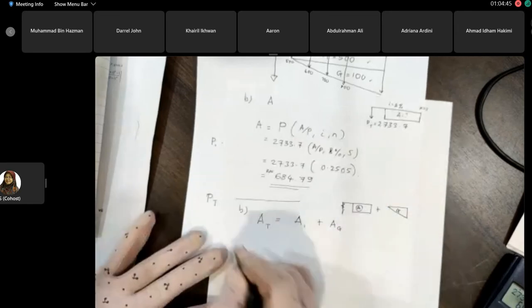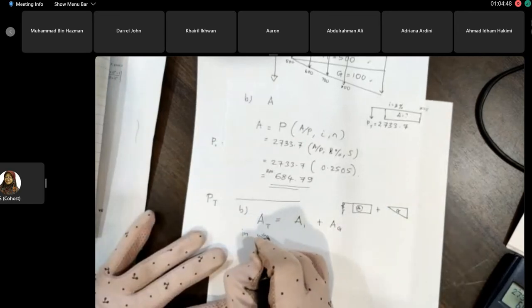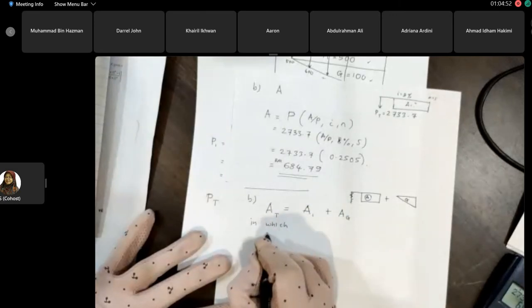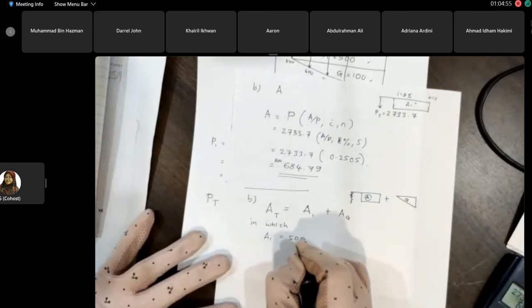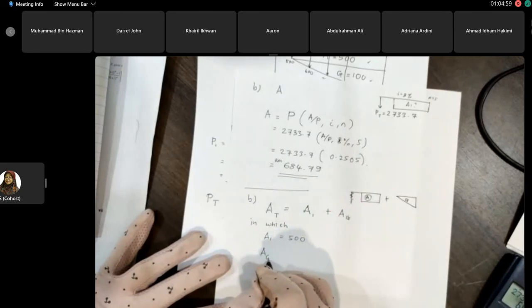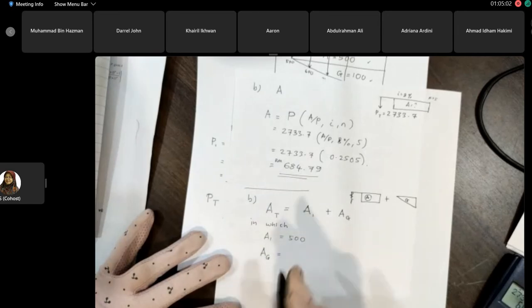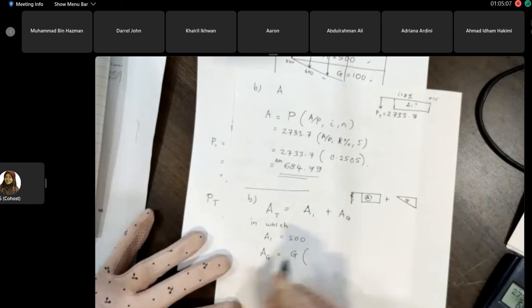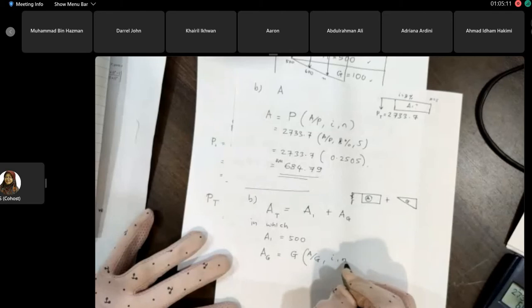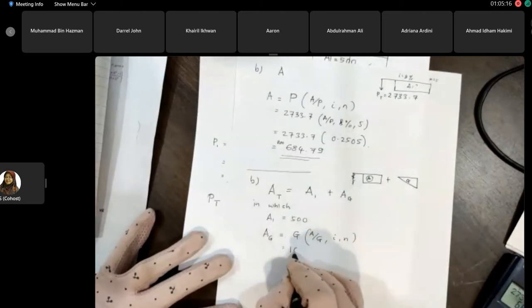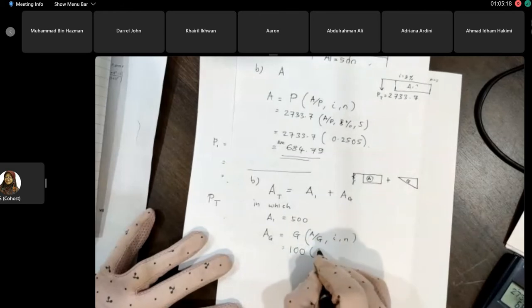A1 is 500. What about AG? You know G, but you want to convert to A, so A over G with I. The G here is 100 ringgit, the increment is 100 ringgit.